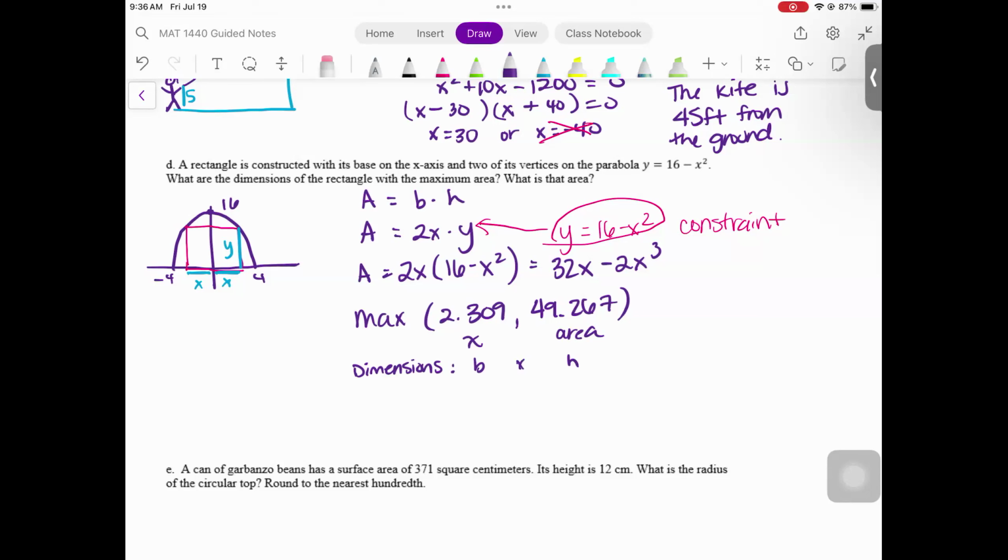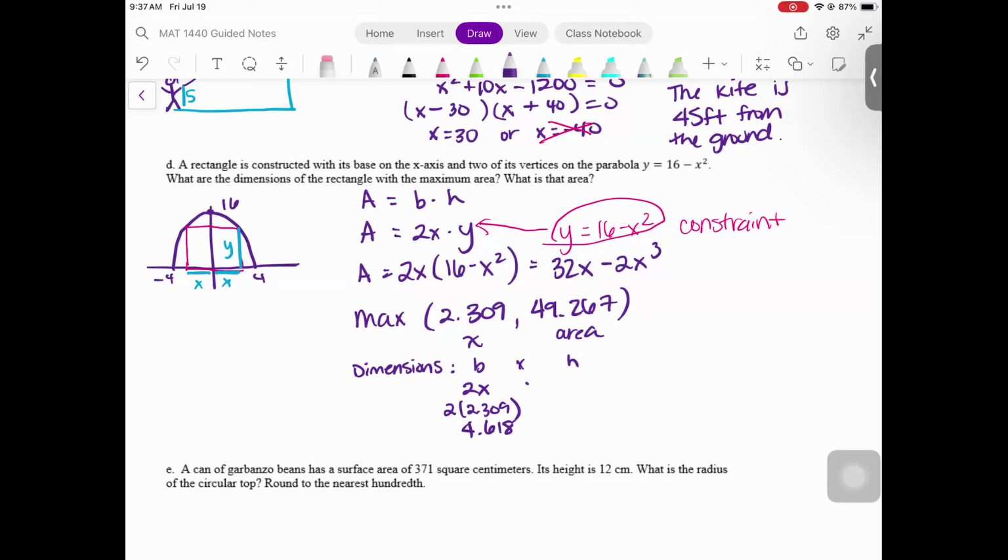The dimensions of a rectangle are the base by the height. The base we know is 2x. So that's going to be 2 times that 2.309 value, or 4.618. And there aren't any units, so we don't need to add any.